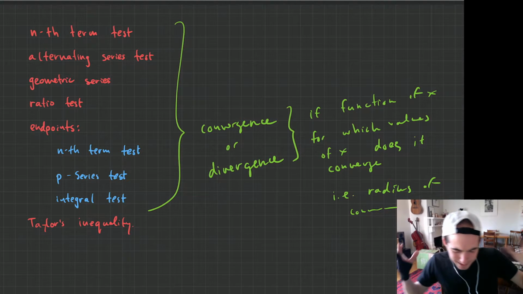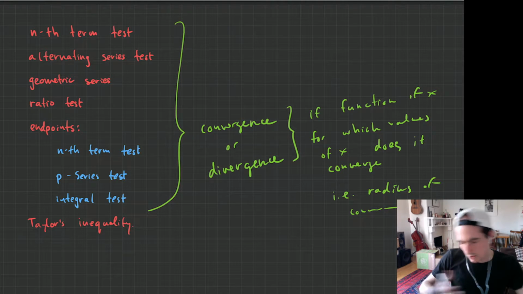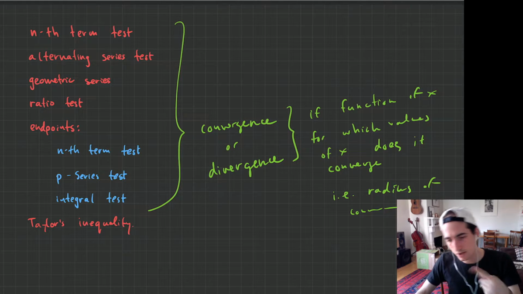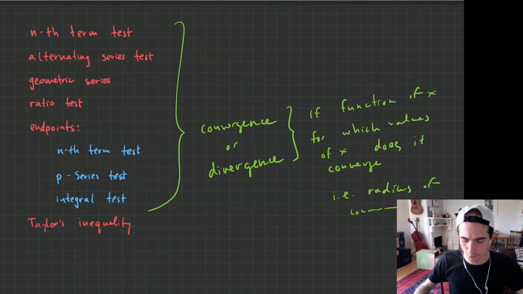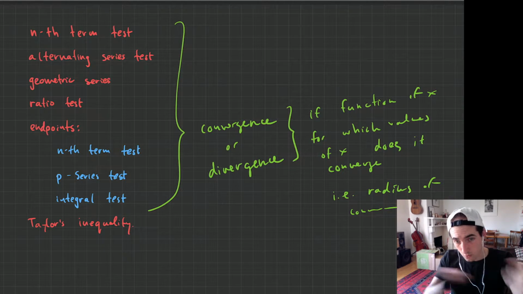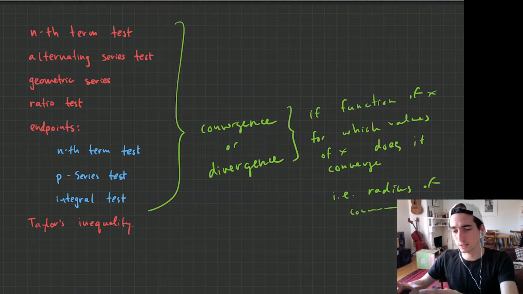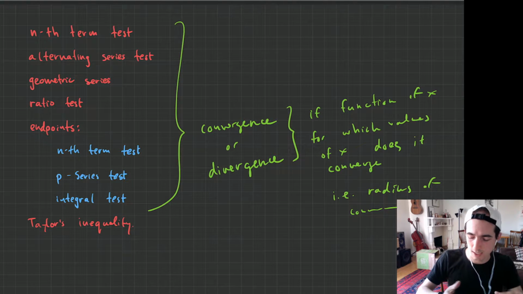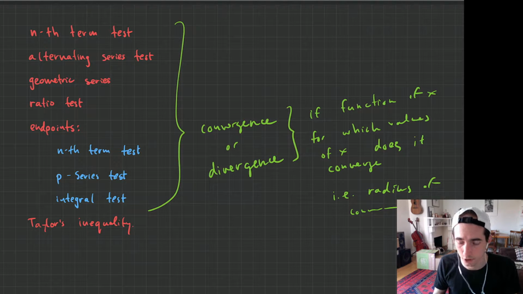So that's the big picture of what we're doing here: we're doing two things at once. On the one hand, we're approximating functions, and on the other hand, we are looking at infinite series and seeing when they converge or diverge. And then there's the intersection of the two, where we take a function, find its Taylor series, and see if that converges or diverges, and if it does converge, then for which values of x does it converge?